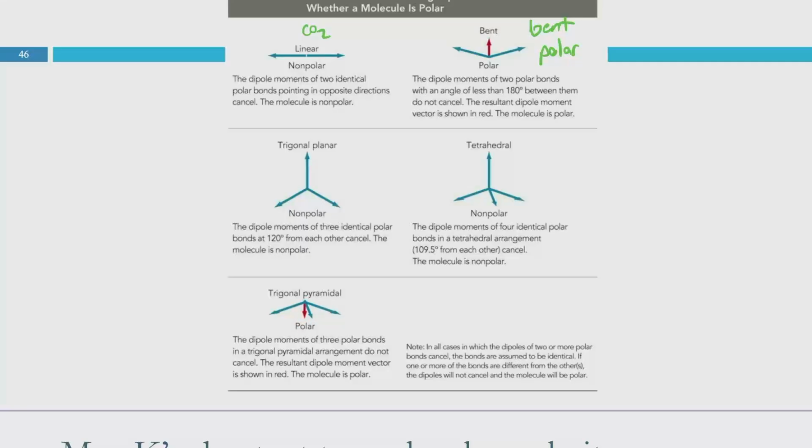So that's why we get the little red arrow. The red arrow is the net polarity. After you've canceled everything out, the red is the little bit of leftover. This is assuming that all of the bonds are equal.